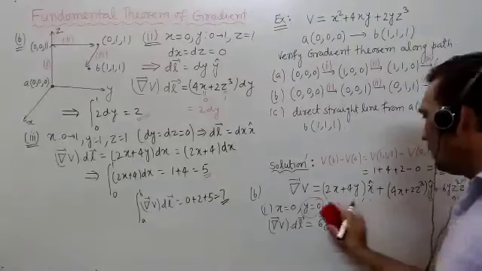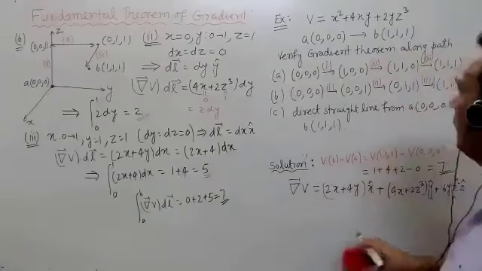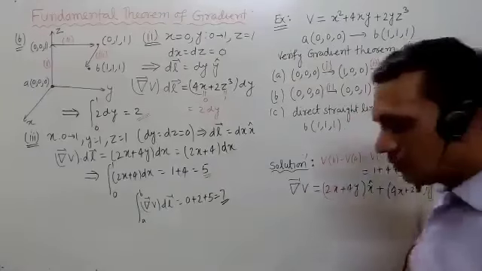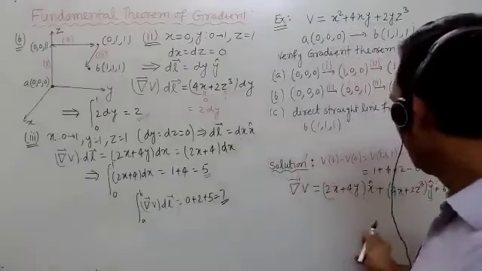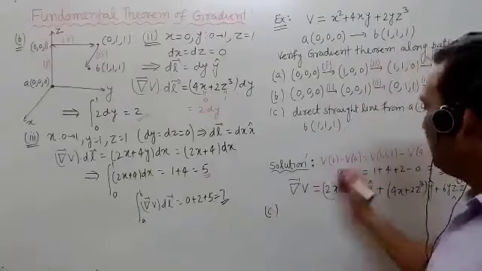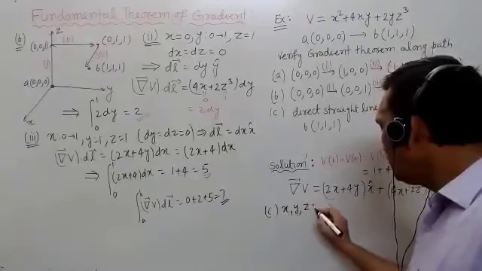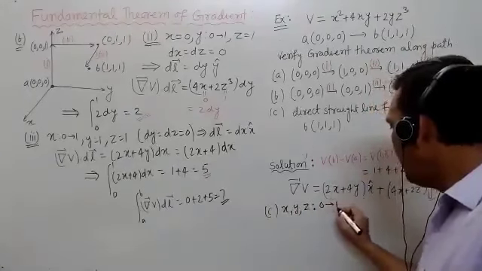Yes. Now let us see the last case. You can also calculate along the third path C. Along the C path, just see x, y, z. They all vary from 0 to 1, so they have the same variation.